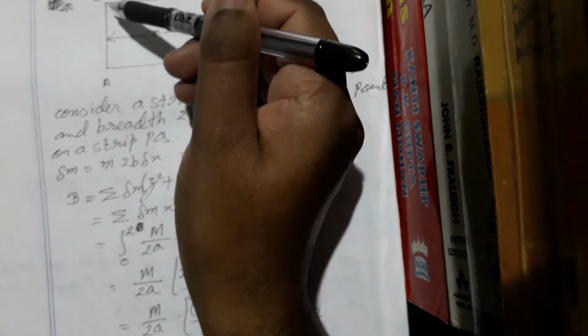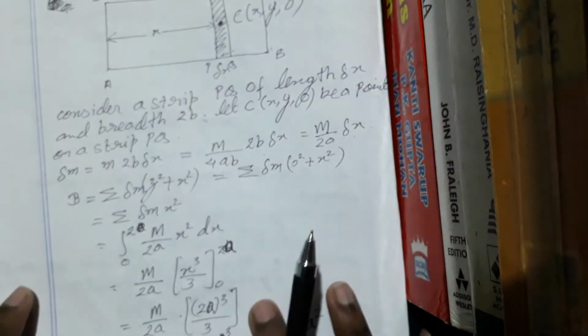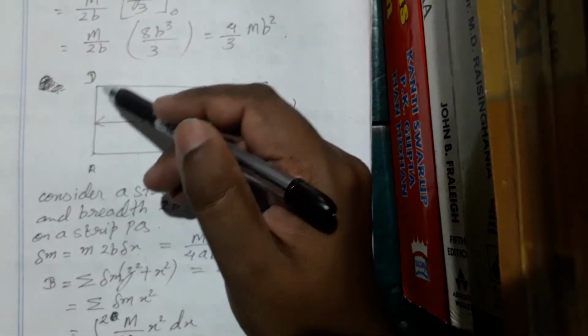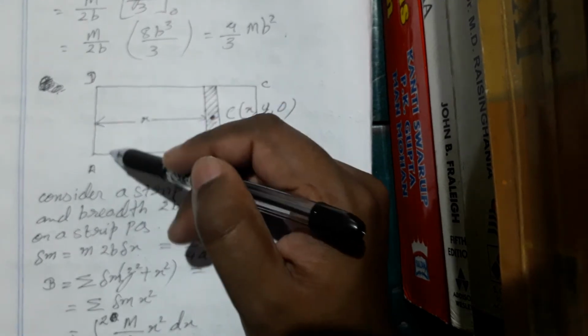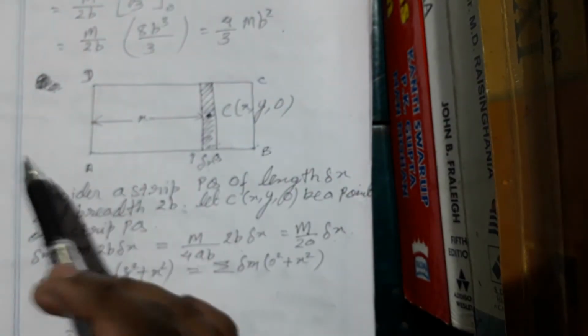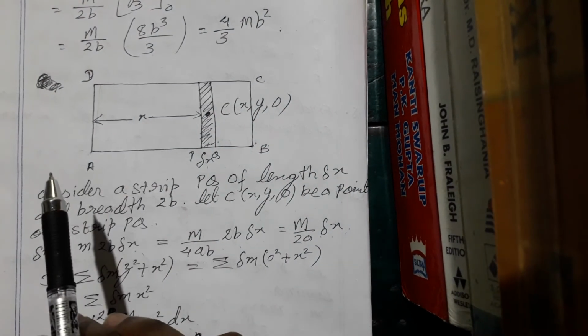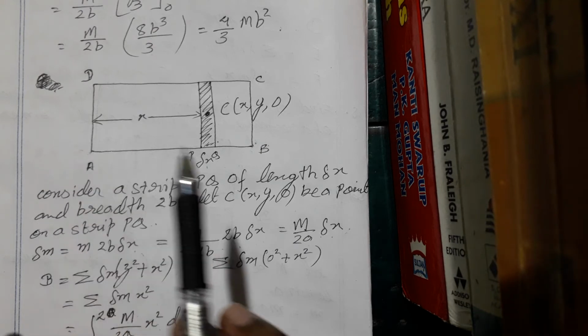First of all, how to find the limit of this? We divide this rectangle into small strips, and this strip is lying along the x-axis, so the limit will be along the x-axis.